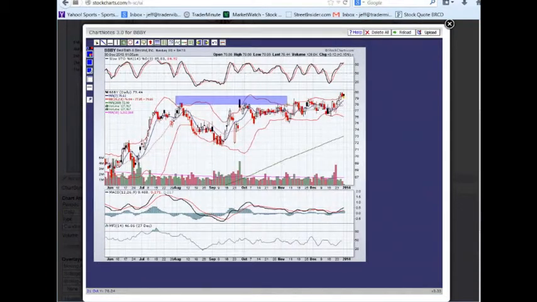Every time it has gotten to 78 over the past several months, it's failed. It's gone up and hit it multiple times, more than a dozen times above 78. And so you say, okay, this is resistance. Pretty easy to see, not really that complicated.